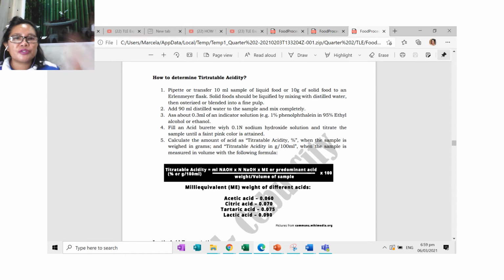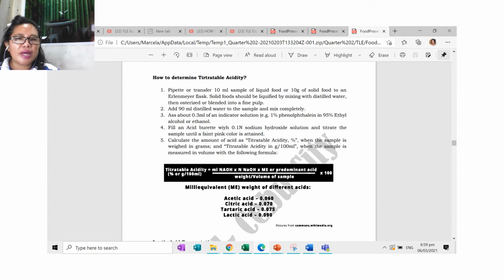Titrate or transfer 10 ml sample of liquid food or 10 grams of solid food to an Erlenmeyer flask. Solid food should be liquefied by mixing with distilled water with the osterizer or blended into a fine pulp.